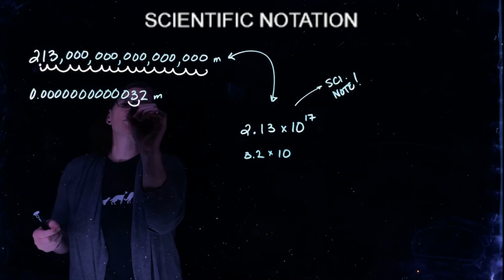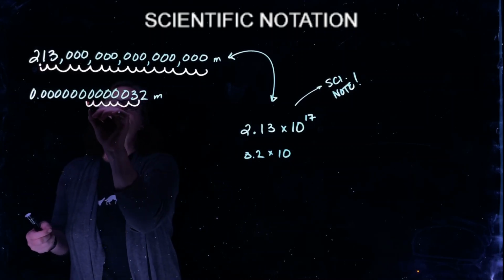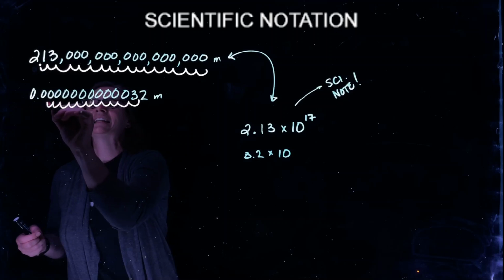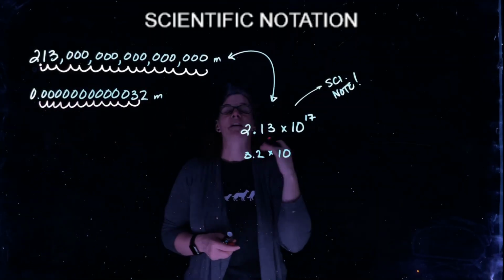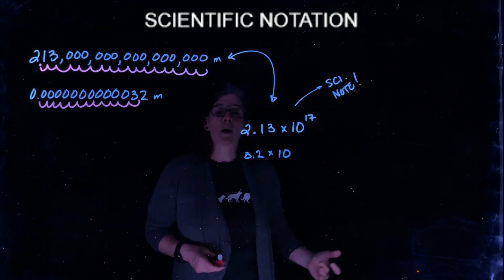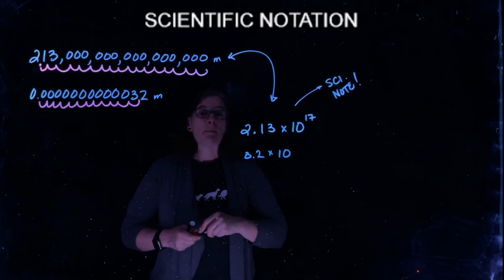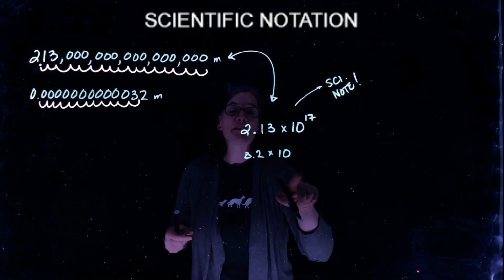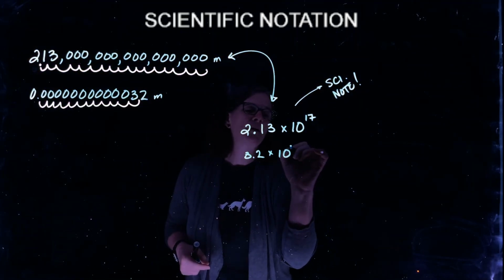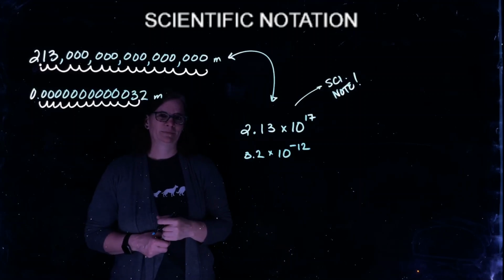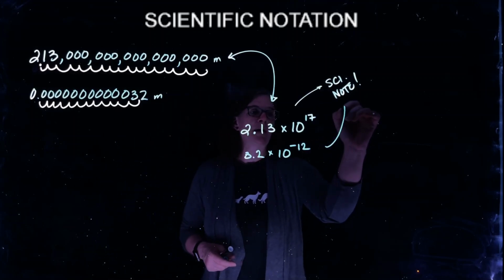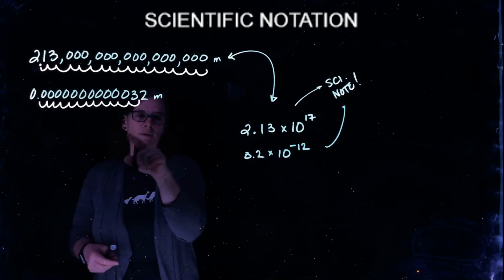How many times? 1, 2, 3, 4, 5, 6, 7, 8, 9, 10, 11, 12 times. Divide by 10, then divide by 10 again, then again, 12 times. That's the same as multiplying it by 10 to the negative power, minus 12.